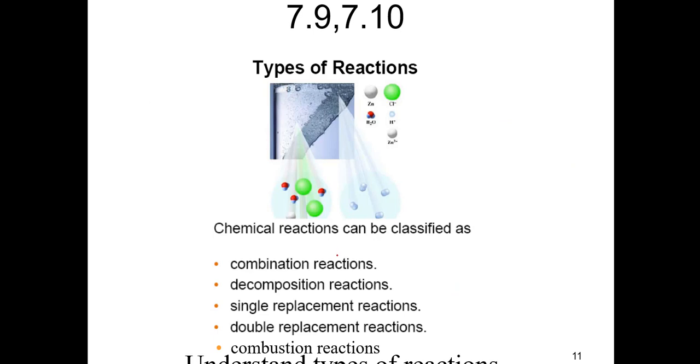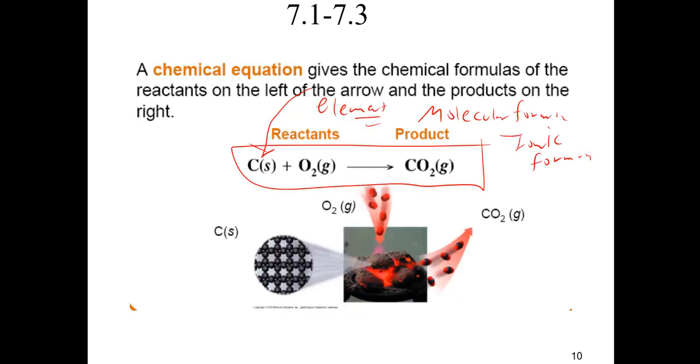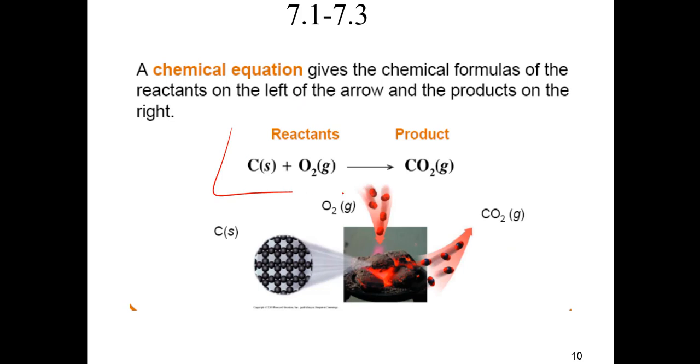Okay. So these are various classifications you need to be able to recognize. So if I were to show you an equation, like for example this one right here, you would have to let me know what type of reaction pattern it is.